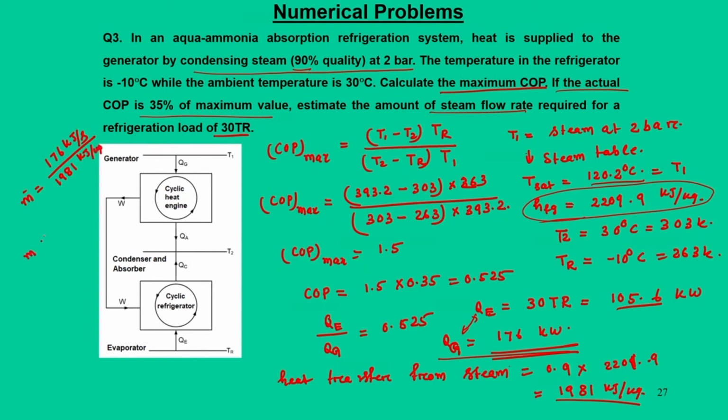So m dot is about 0.08 kg per second. So this is the amount of steam that is required for a refrigeration load of 30 TR.